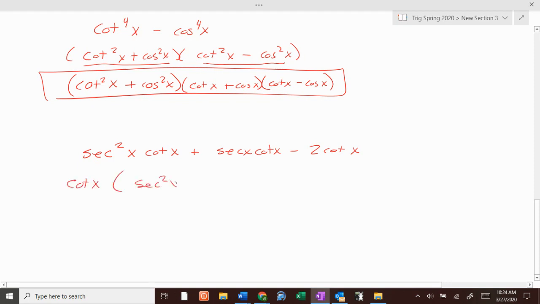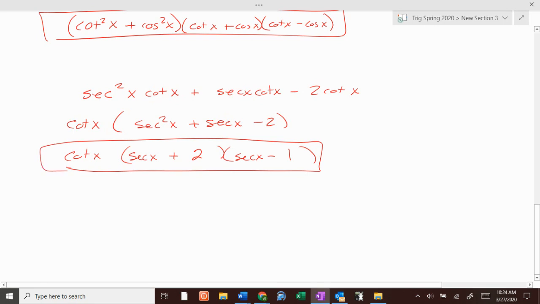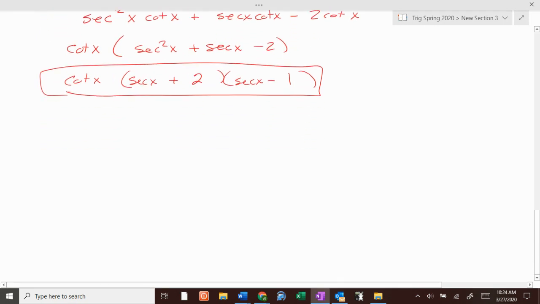And I'm left with secant squared of x plus secant of x minus 2. Okay, so once I get that, leave the cotangent of x on the outside, 2 sets of parentheses, secant of x, secant of x. Okay, signs are opposite, the bigger factor of 2 is positive, the smaller factor of 2 is negative. Factored form. Okay, take out the greatest common factor first.